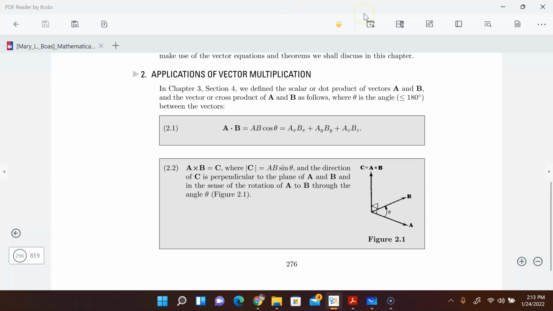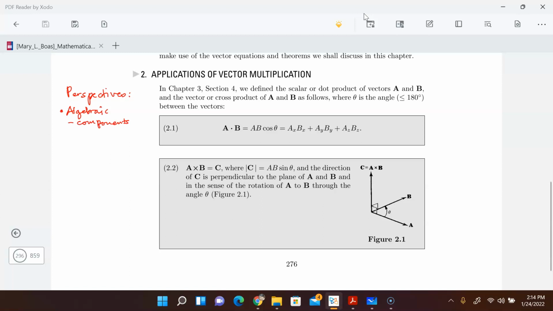So here, let me just mention this. There are two perspectives. I've already mentioned this also in the other lectures. So the first is essentially your algebraic perspective. Okay, so these are normally written in terms of components.